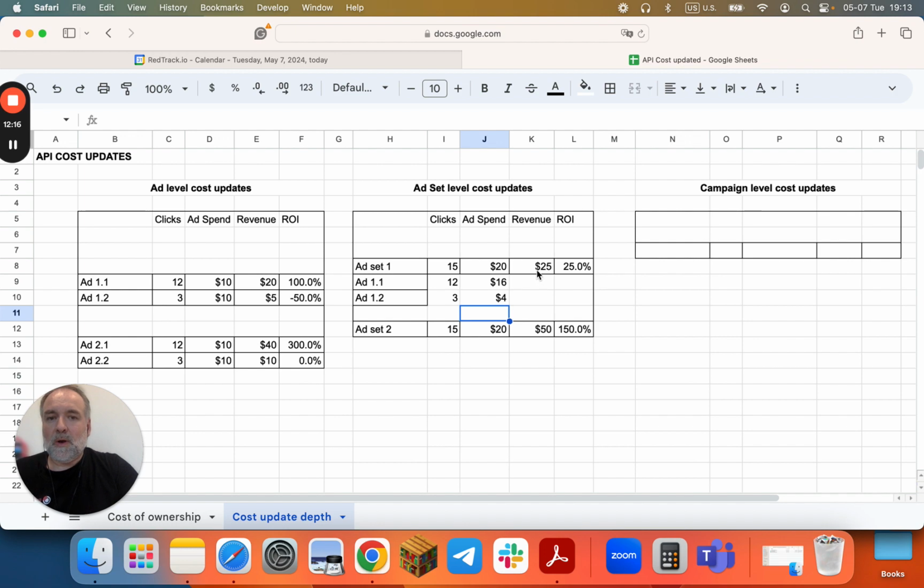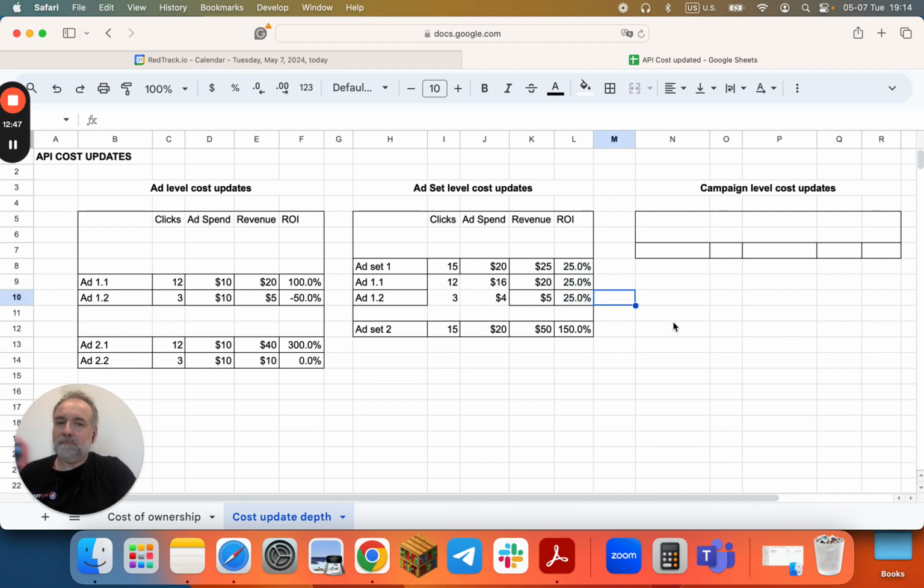And so if we assume that the conversions remain the same, it will mean that the revenue will be the same, because this is how it works. So 20 and 5. Let's put a dollar sign here and a dollar sign here, and do the same formula.